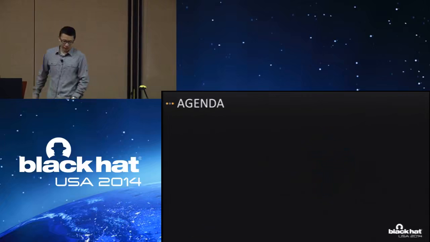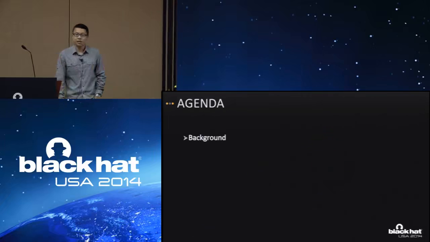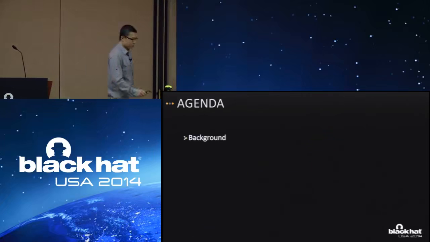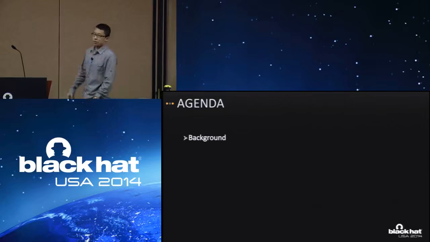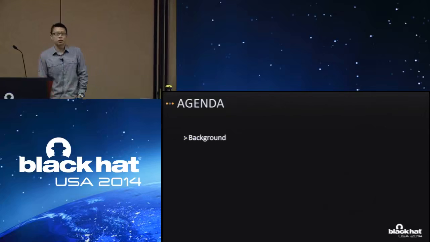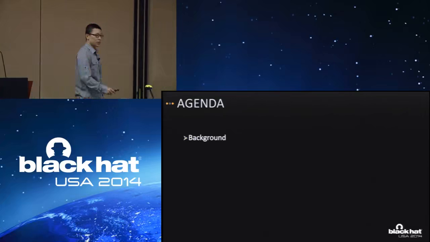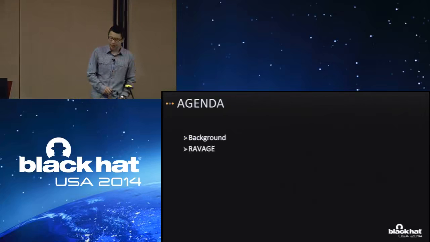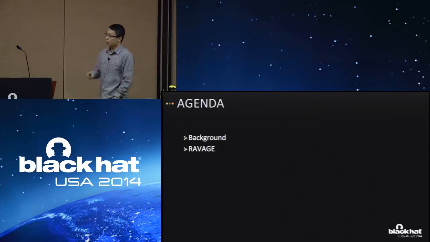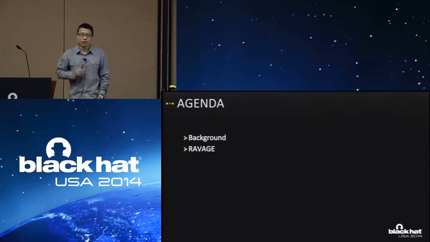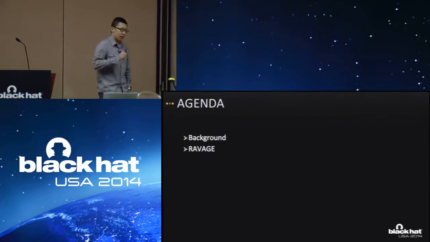Okay, so here's a quick rundown of what I'm going to talk about. First of all, I'm going to talk about why we're here, why we need another tool, and why the current tools are insufficient for vulnerability detection. And then I'm going to talk about what RAVAGE is and how it's designed, and give you a quick demo of how you can use RAVAGE, and how RAVAGE looks.